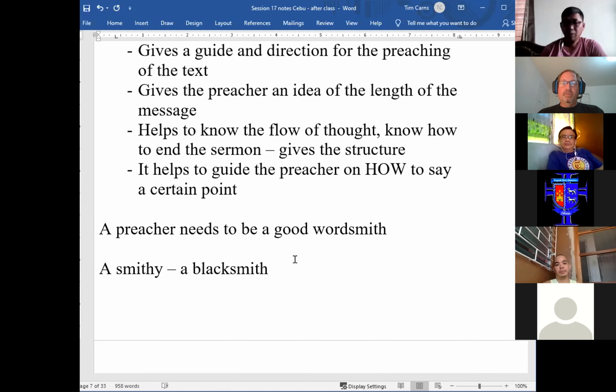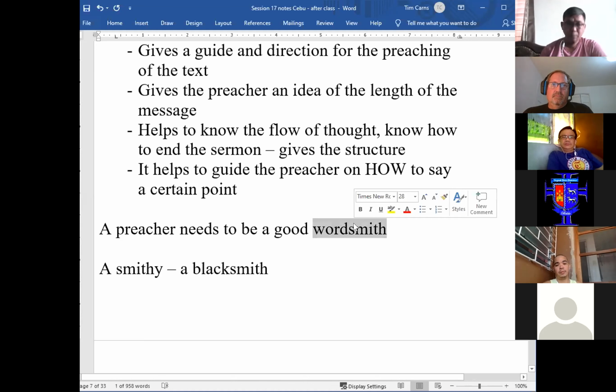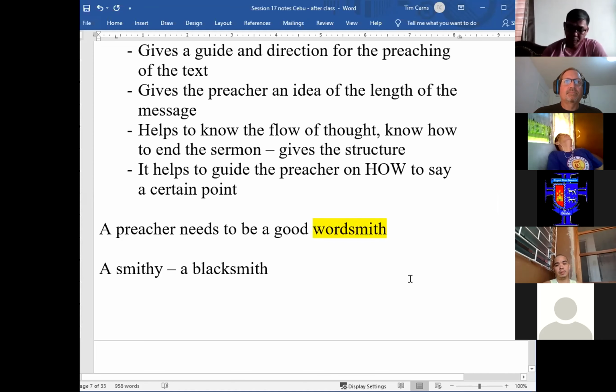Now, some people... Excuse me, Dr. Tim. Yeah, go ahead. The word wordsmith. In Cebu, I see a group who are part of the Toastmasters. You know, Toastmasters. They're mastering the word itself, how to deliver it, how to speak it. I think that group is called Toastmasters.